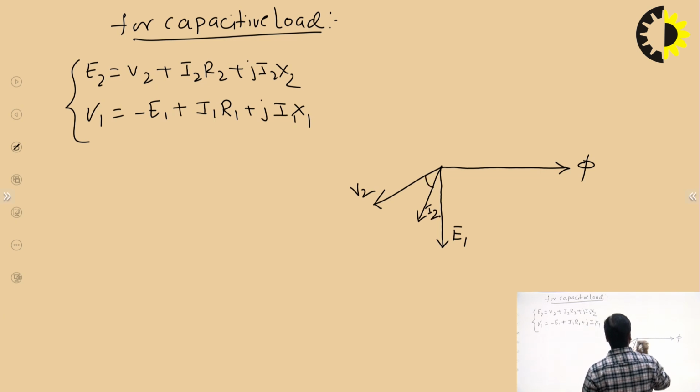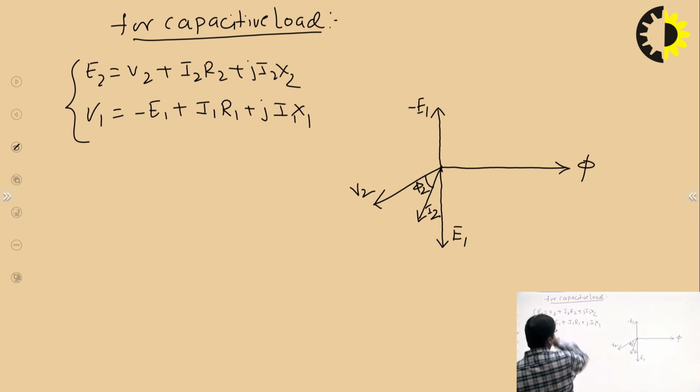Here you can see that the current leads the voltage by some angle. So this is the instant where the voltage and the current are on the phasor diagram. This is the minus E1. Now first we will calculate this E2.